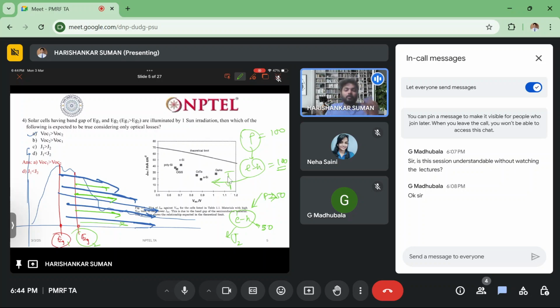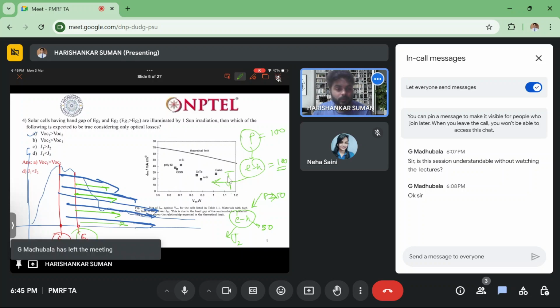So the concept is that if our solar cell absorbs more of the spectrum from the sun, more photons are absorbed, then electron hole pairs will be higher. This is the concept.